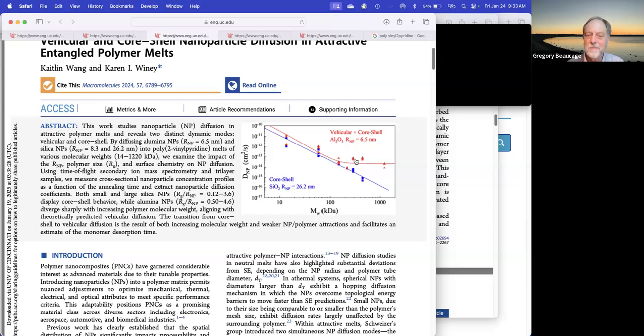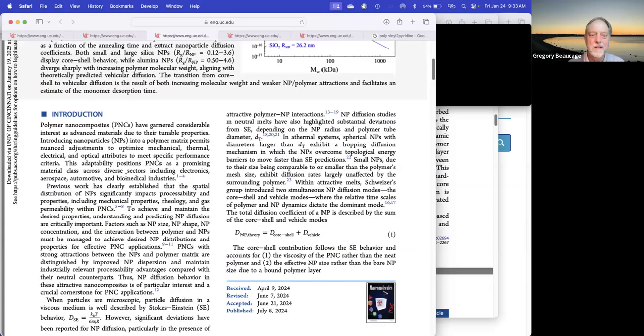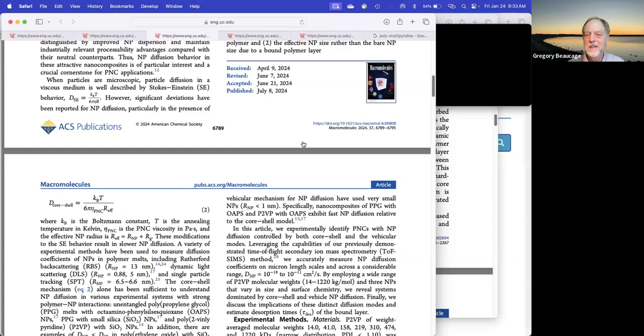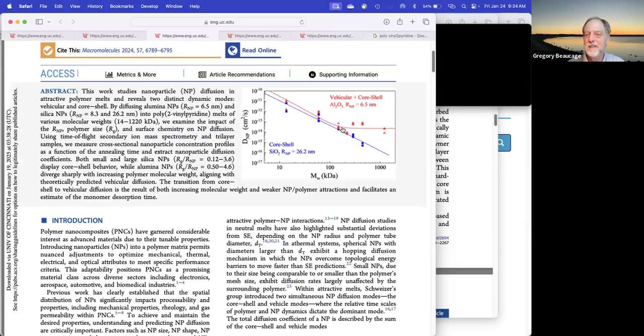So that time of desorption is shorter. Because of that, and because the alumina is smaller, so you get a different Stokes behavior, you can reach this plateau in alumina and not in silica. That's the theme. The reason it goes flat is that it doesn't depend on the viscoelastic time scale anymore. It only depends on this desorption time scale.